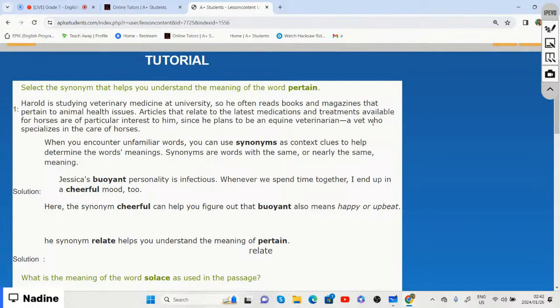And then the first question says, select the synonym that helps you understand the meaning of the word pertain.